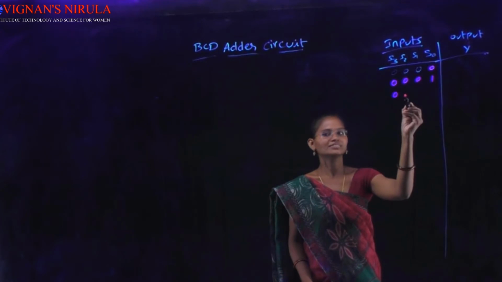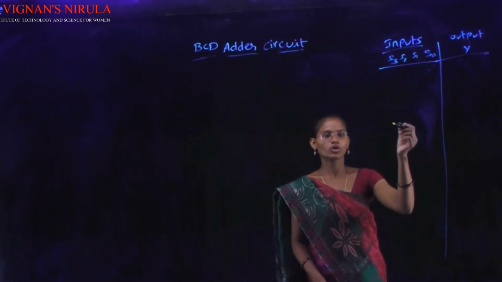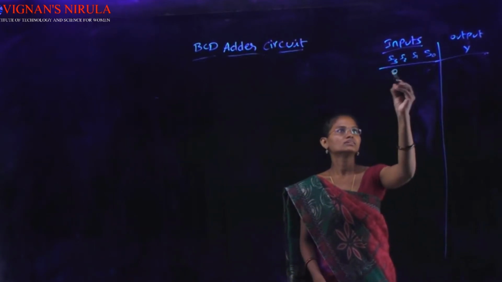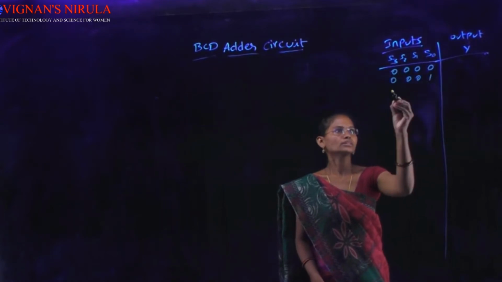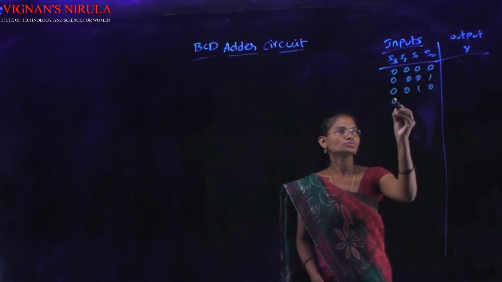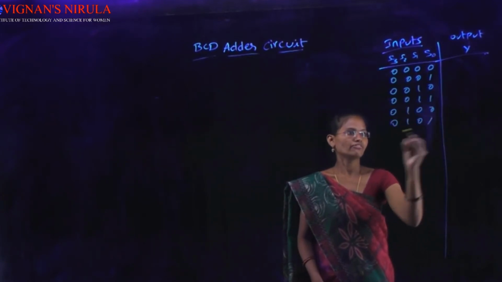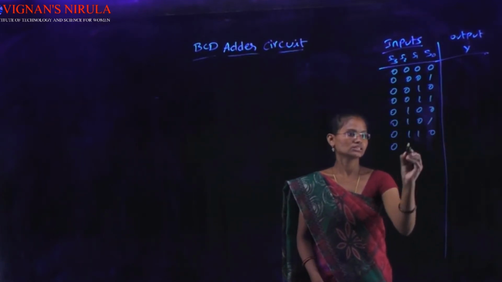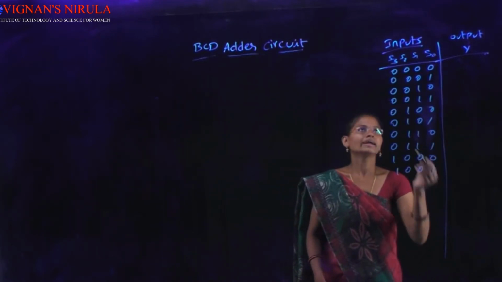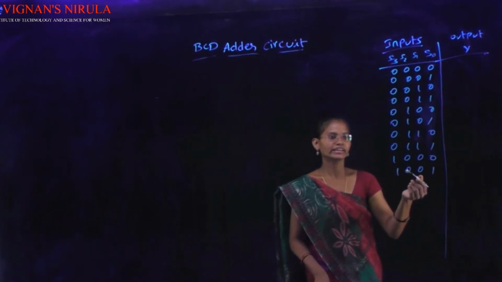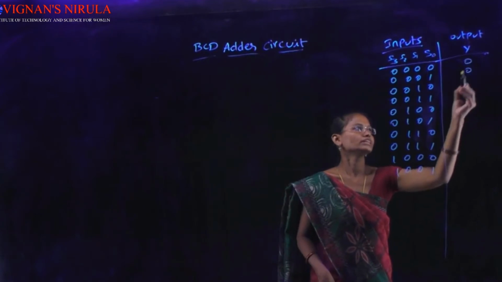Normally in BCD, the binary representation is only 0 to 9, that is 0, 1, 2, 3, 4, 5, 6, 7, 8 and 9. For these, the output is all zeros.